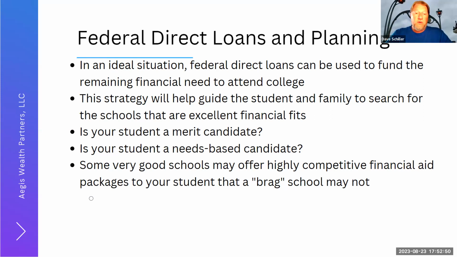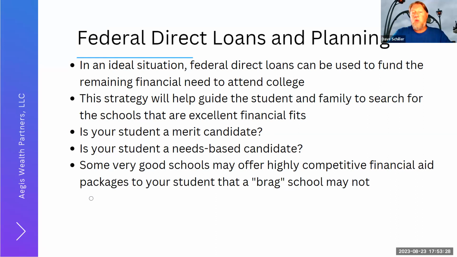So we want to understand, is the student a merit candidate? Is the student a needs-based candidate? And identify the schools that are good at giving awards for either merit or needs-based candidates. And so we will identify some schools where we can position those direct loans for the students so that they come out with, if not no student loans aside from the direct loans, then very little above that.